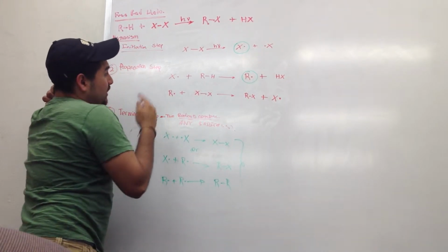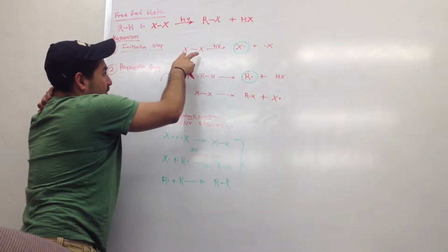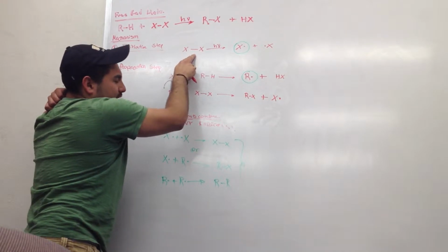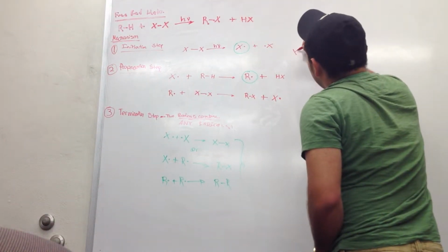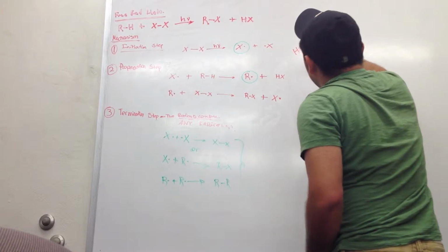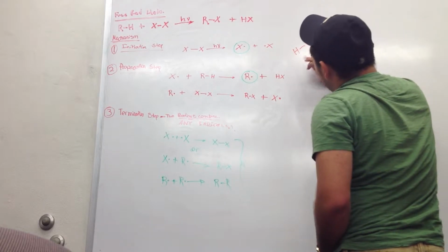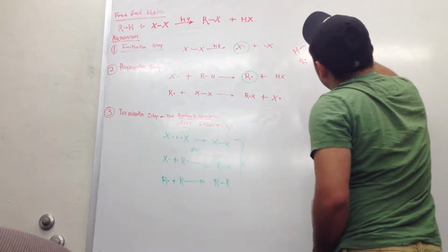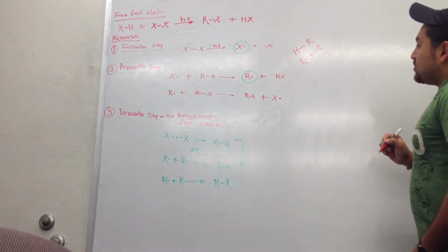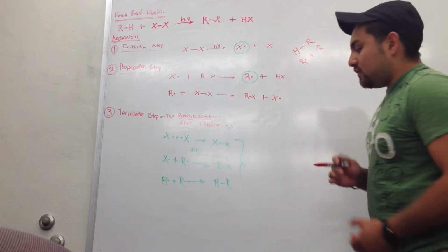Homolytic cleavage means that a bond is cleaved in such a way that one of the components of that bond retains one of the electrons, and the other retains the other electron. That is the way that radicals are formed.